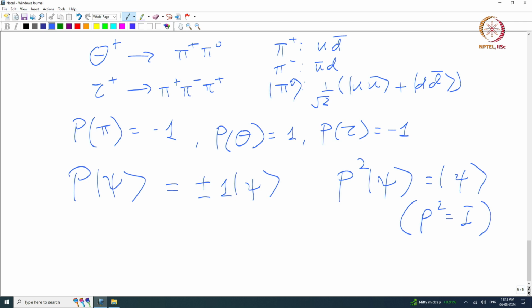So this tells me that I can have either real vector states or pseudovector states. Vector particles, pseudovector particles. Intrinsically they are vectors and pseudovectors because of this.